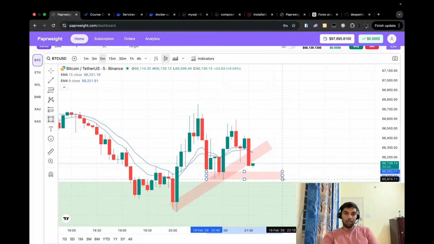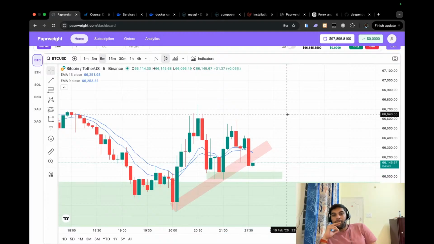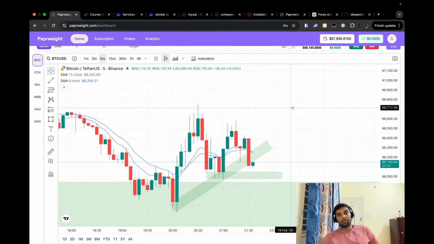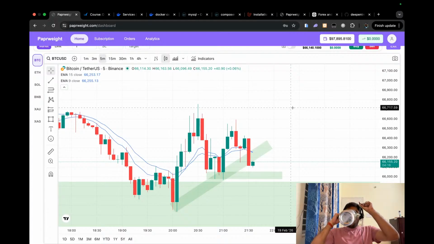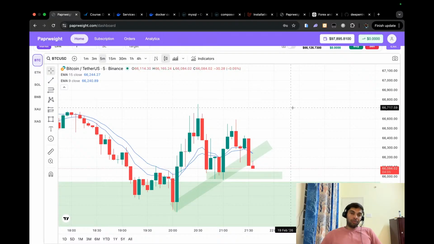But there are quite good reasons that the market can follow the upward move. We have to wait for our setup because right now there is no setup at all.